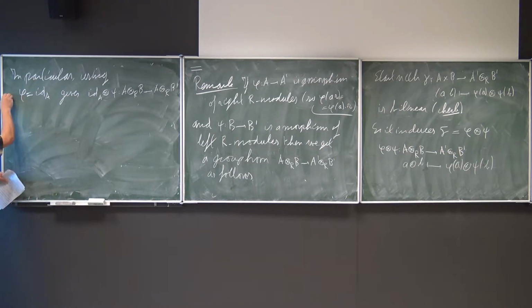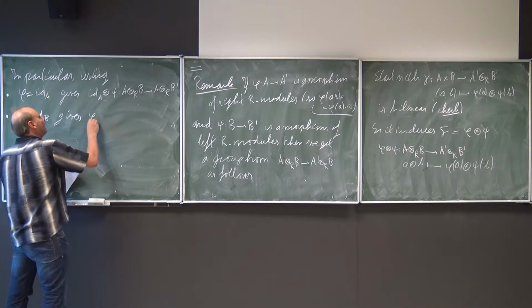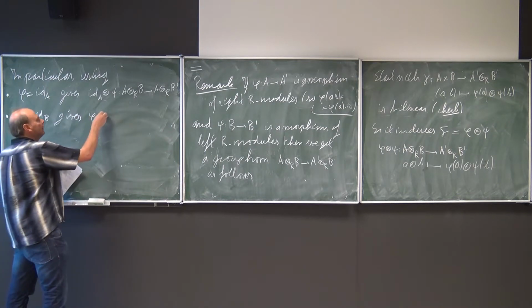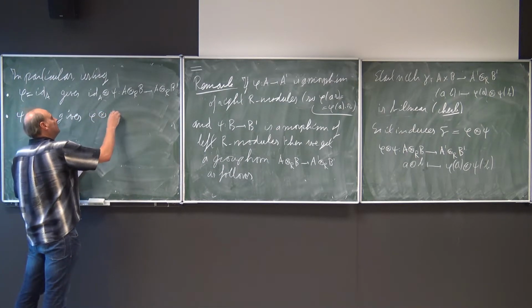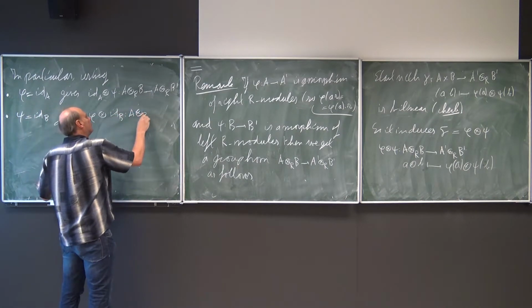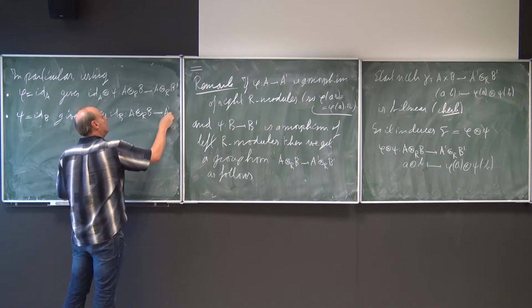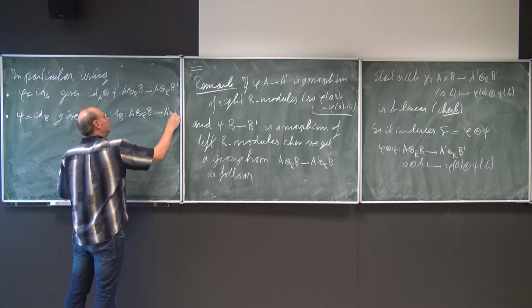And that is one case, and of course I can also use psi to be the identity on B. So this gives phi, so this will be an arbitrary phi again, tensor identity B from A tensor over R B to A prime tensor over R B.